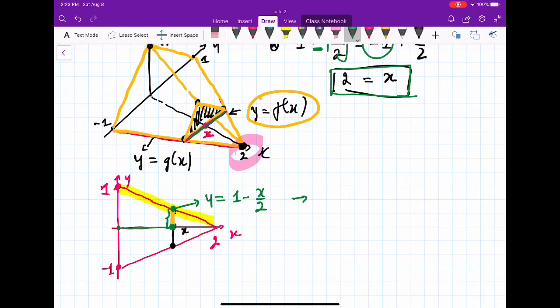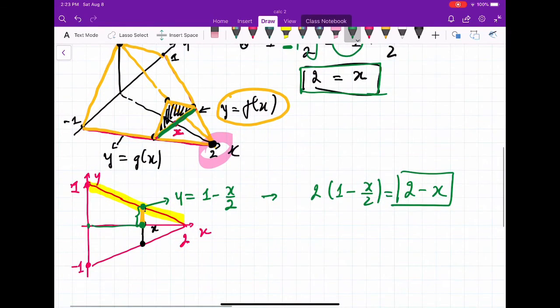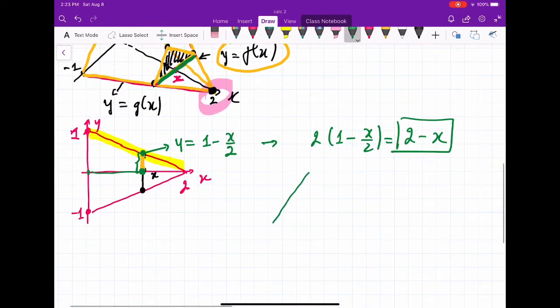The size of this is equal to 2 times 1 minus x over 2, which is 2 minus x. So that is the length of each side of our equilateral triangle. You have a triangle, and each side is 2 minus x.